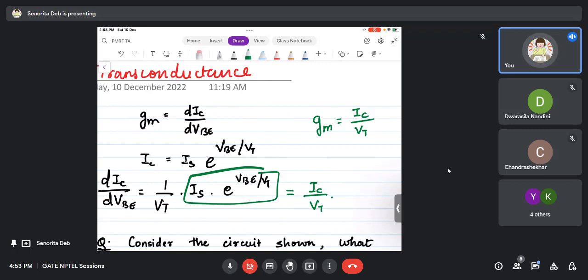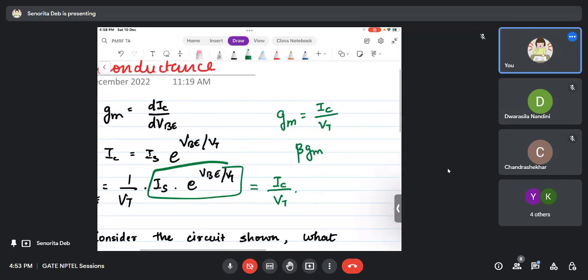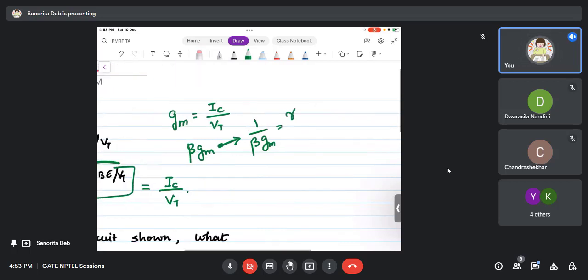Okay, and beta times GM, if you do 1 upon beta times GM, this gives you R pi. So that is the relationship. And therefore beta is nothing but, did I do anything wrong again? Beta should be GM times R pi.